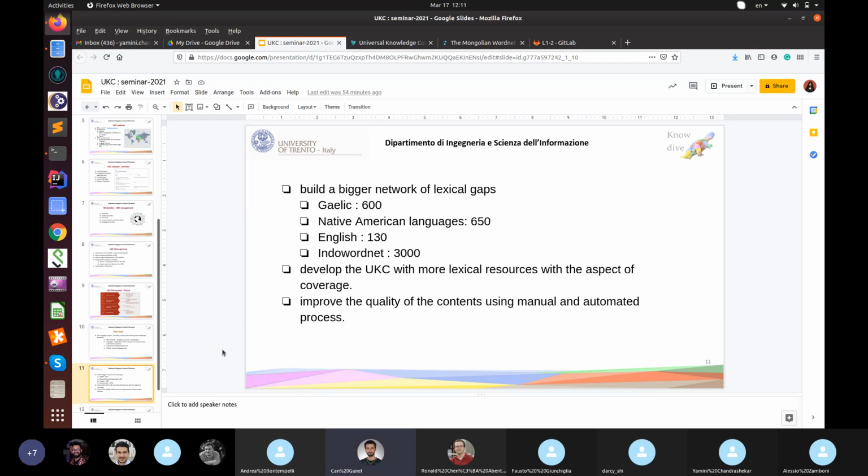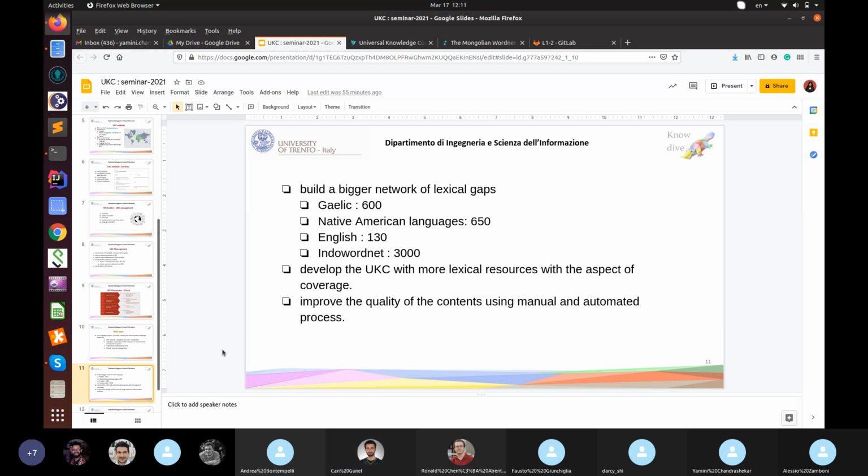Yeah. So, for example, here you are mentioning 600 lexical gaps in Gaelic, 130 for English. So what is the other language you compare with to find these lexical gaps?